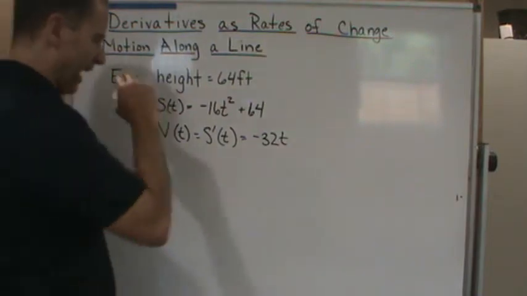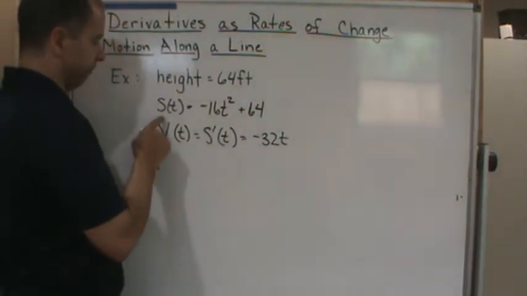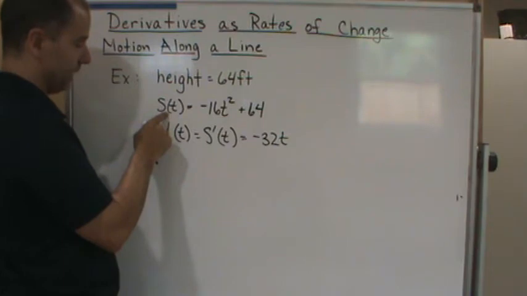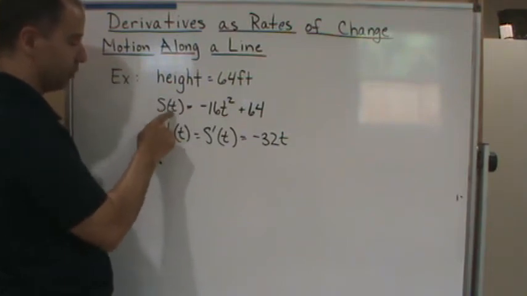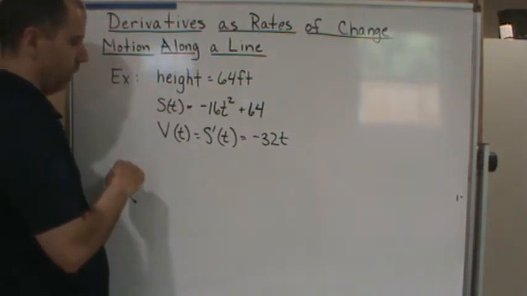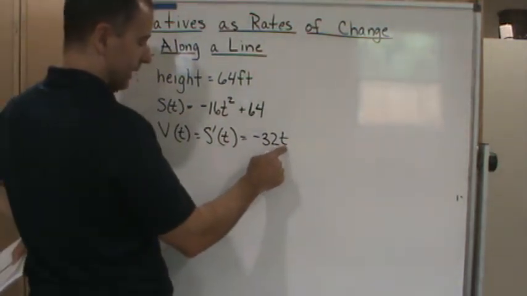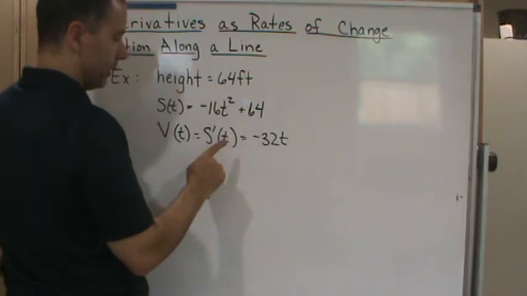In order to do that, we have to use the position function, because this represents the height of the ball after t seconds, right? So we need to find t. Well, how are we going to solve for t?